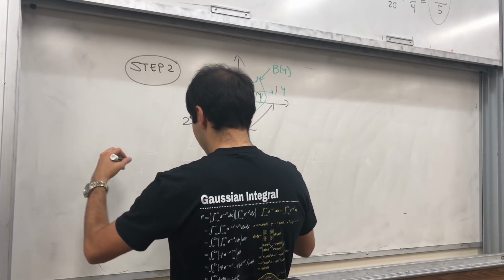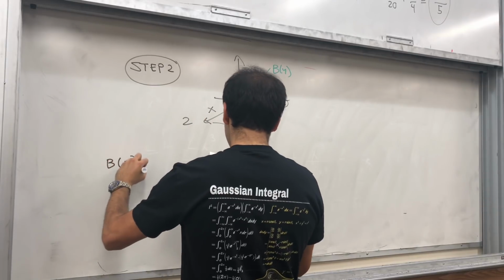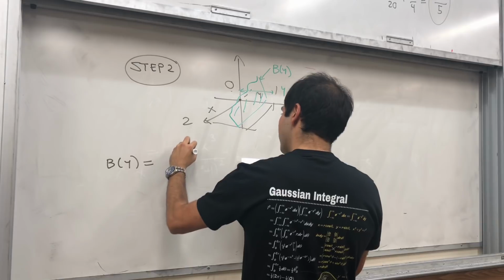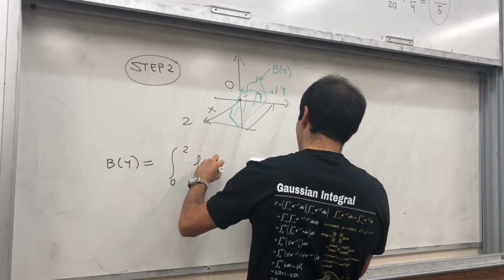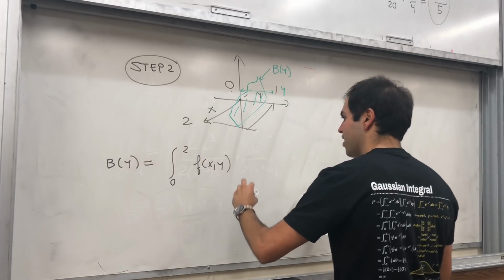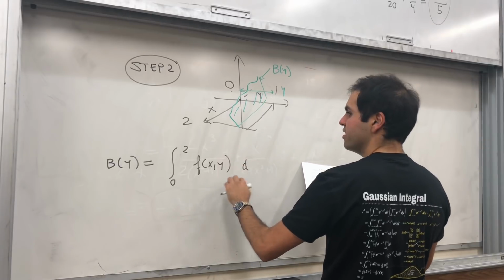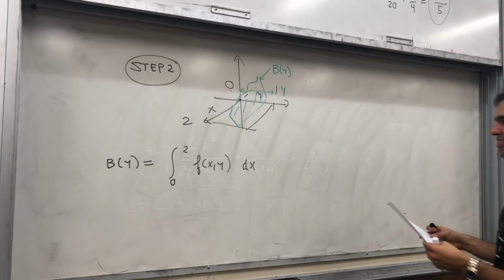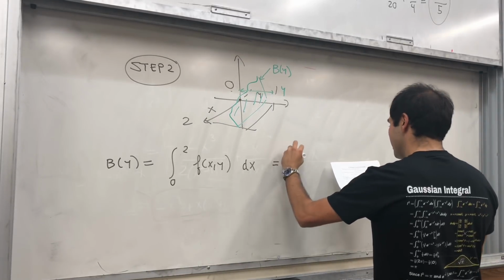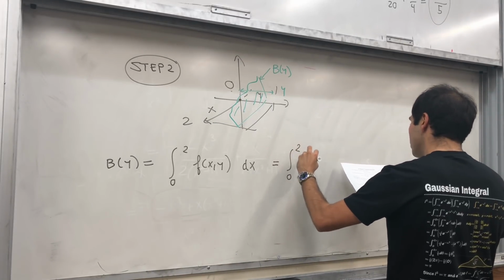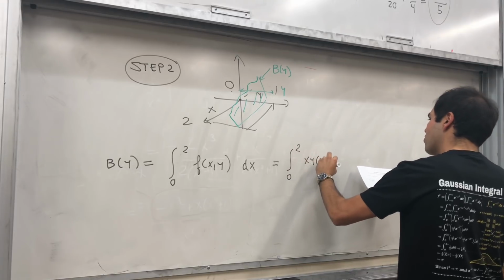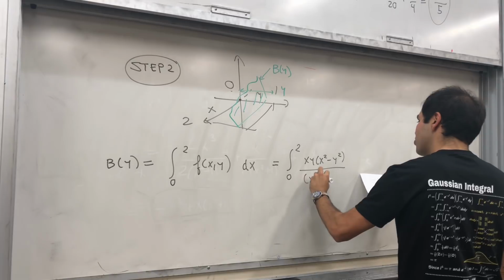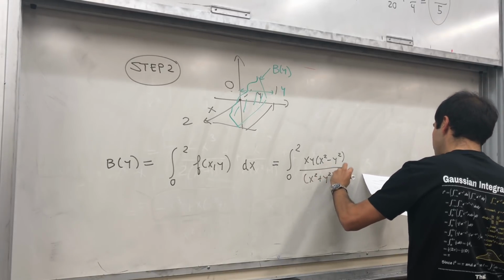So b of y equals the integral from 0 to 2 of f of xy dx, because in the end we want a function of y, and so this becomes the integral from 0 to 2 of xy times (x squared minus y squared) over (x squared plus y squared) cubed.